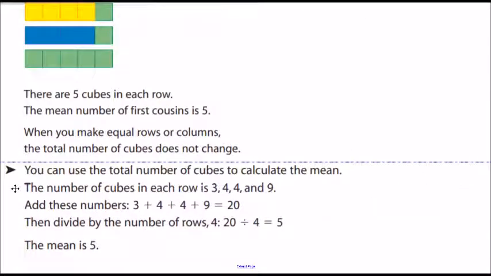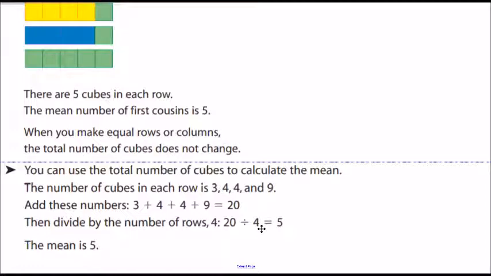Another way is using algebra or using symbols. What we do is take the number of cubes in each row, so 3, 4, 4, and 9, and add these numbers together. 3 plus 4 plus 4 plus 9 is equal to 20. Then we divide by the number of rows, which was 4. We had 4 people. 20 divided by 4 is equal to 5.